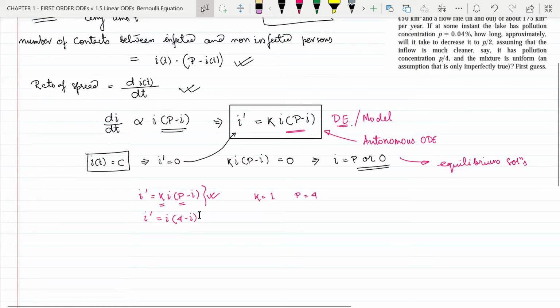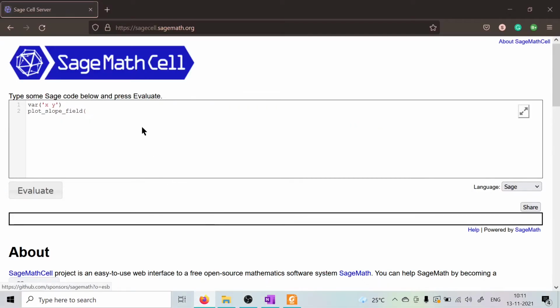In video number 5, we have already discussed the syntax of the plot slope field command. For that, we keep the derivative part on the left hand side of the equation, and the right hand side of the equation we put in the plot slope field command. So we'll write y multiplied by (4 minus y).